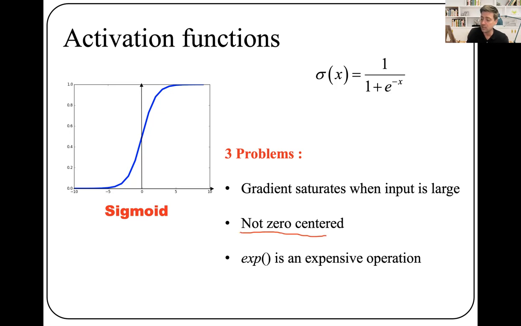In fact, you can see that it's centered at 0.5. And this makes sense if we want to have a probability, right? Probability ranges from 0 to 1. But from an optimization point of view, this is a little bit problematic because it means that we're going to have some sort of bias in the activation of the neurons.